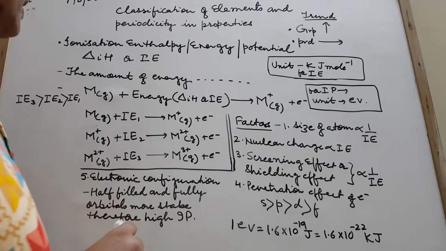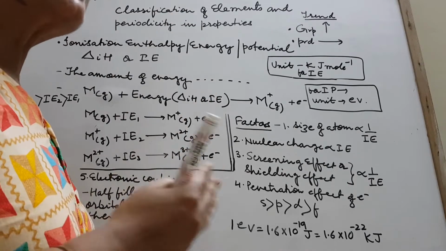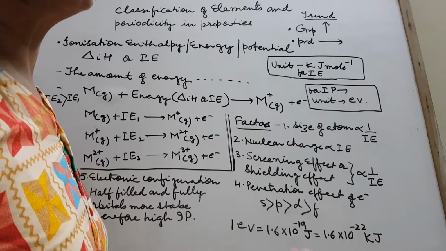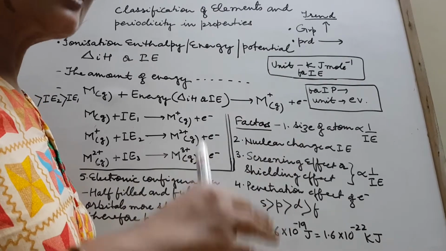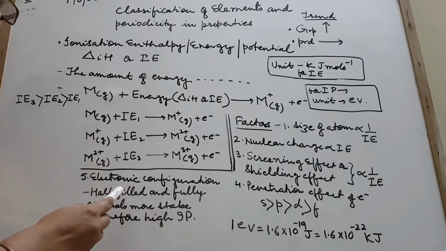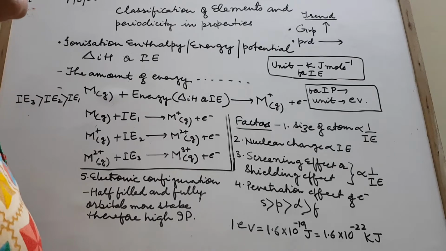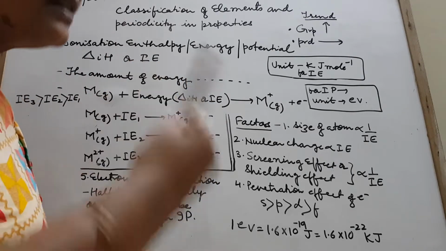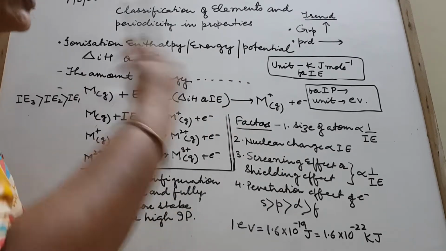Now children, how are the values related? The electron which comes out first will definitely be the most loosely bonded, so the energy required for that will be the lowest of these three. The second that comes out is less loosely bound compared to the first, so that will require more energy.